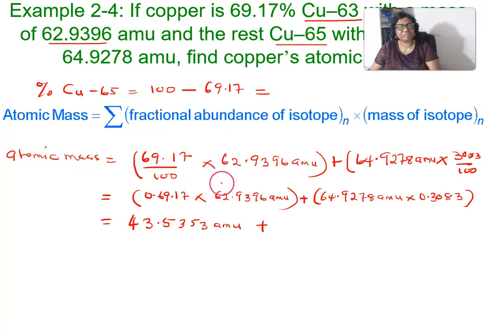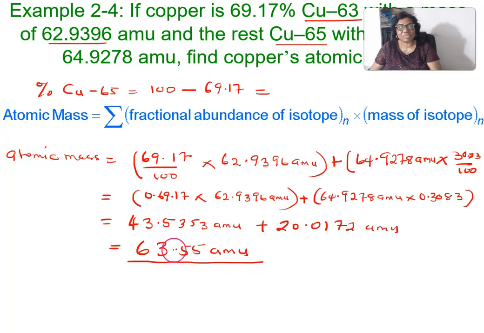That will give us 20.0172 atomic mass unit. So we are going to add this. So 20.0172 plus 43.5353 equals to 63.55 atomic mass unit. This is what you see in the periodic table.